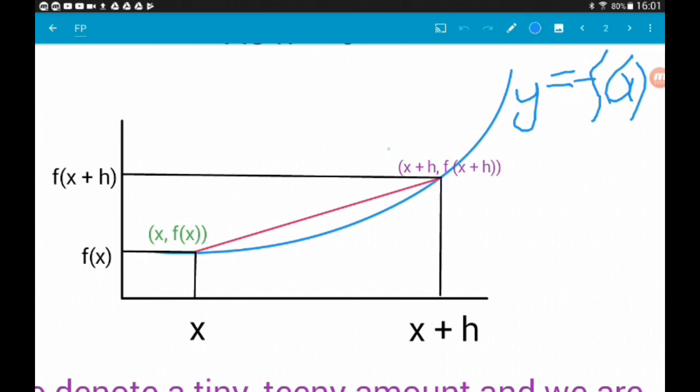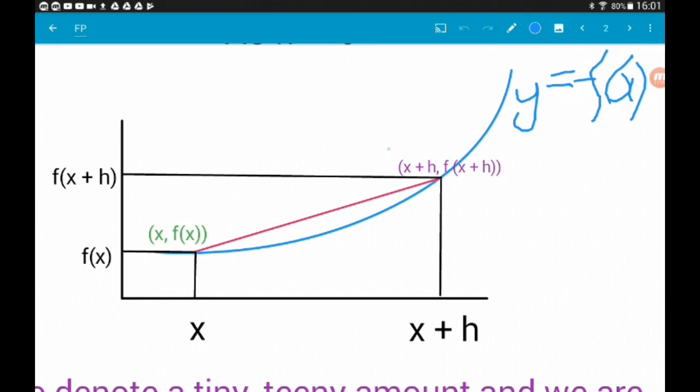So at this second point, our x-coordinate is x plus h, and our y-coordinate is the value of the function when x is x plus h. So the y-coordinate here is f of x plus h.